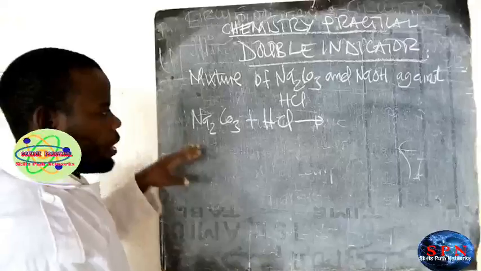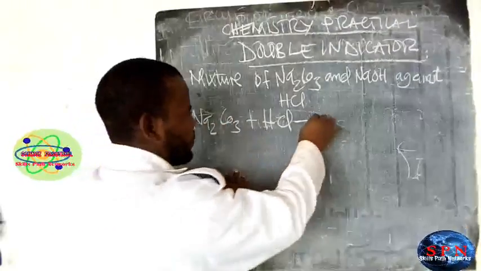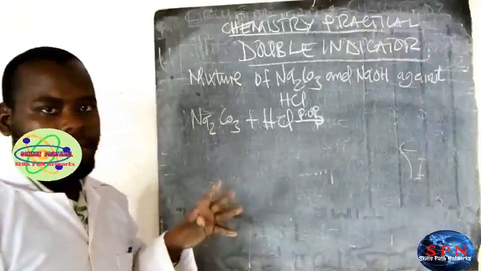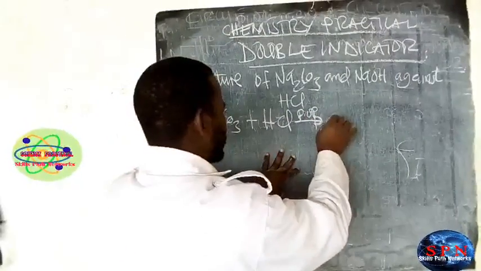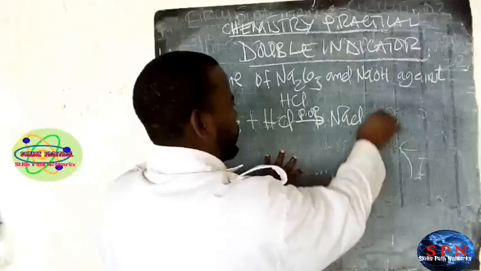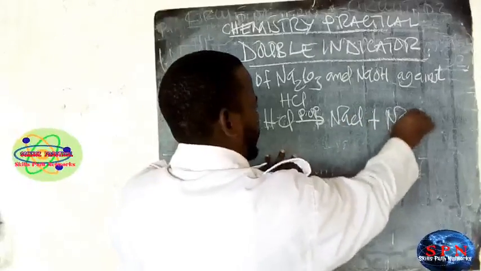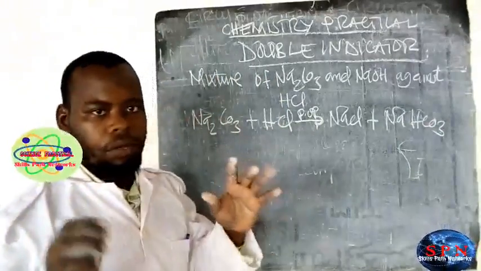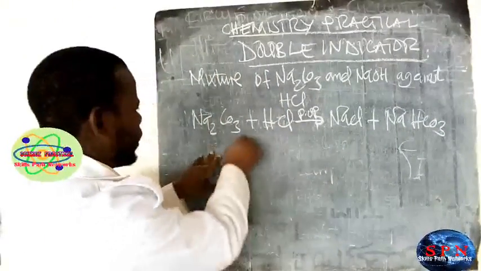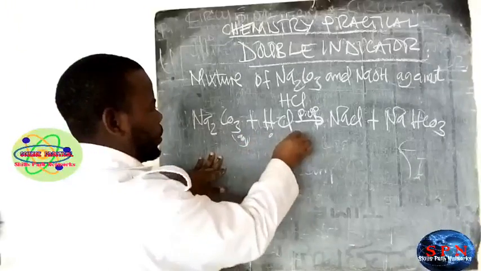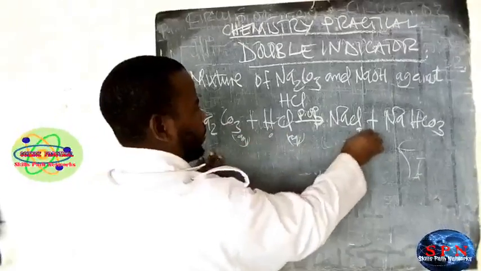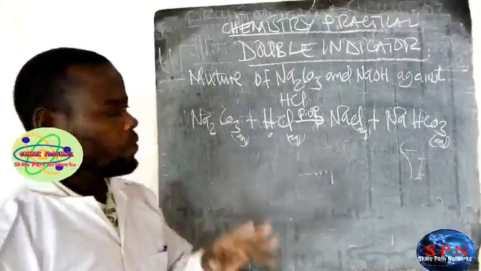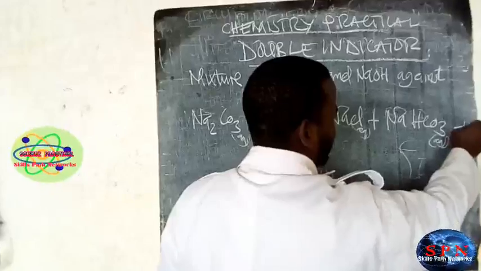Then under POP, at the first stage, you are going to get sodium chloride plus sodium hydrogen carbonate. These are aqueous solutions. That is the first reaction.